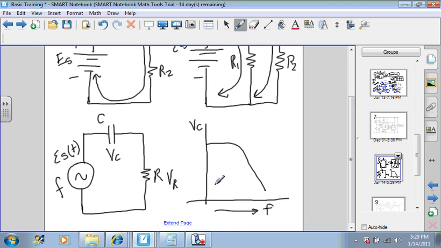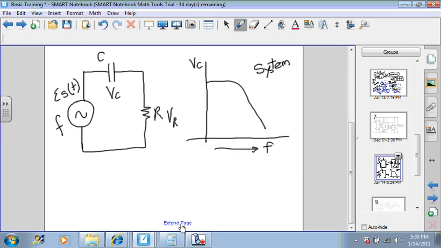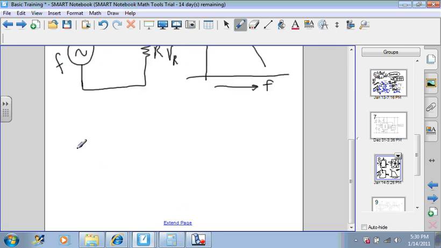Believe it or not, that was our first introduction into system analysis. Why? Because after we did this analysis, then we went to another subject called filters.